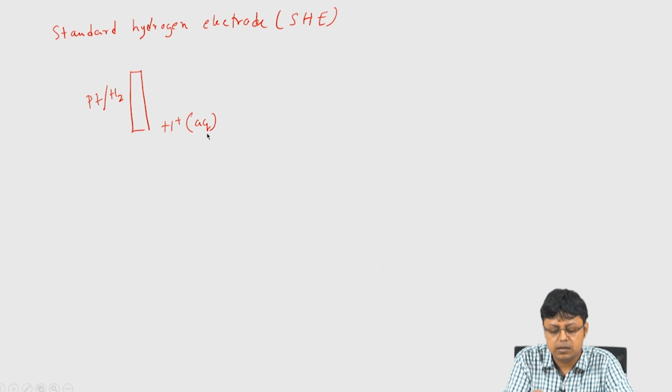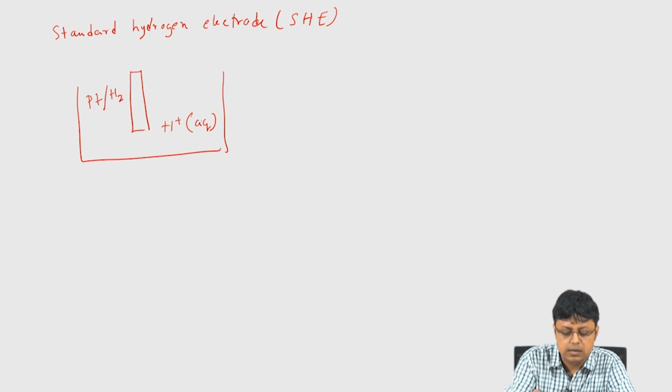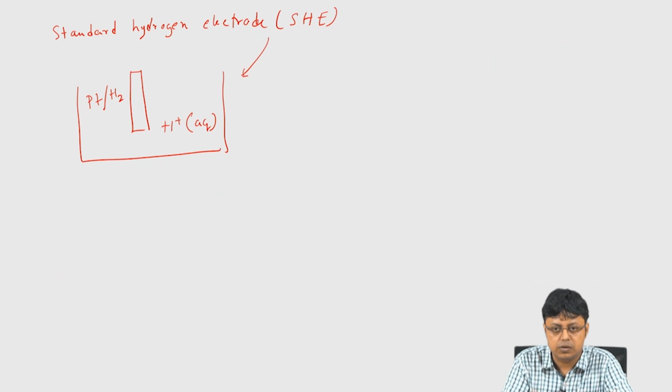Usually you take it as 1 molar HCl, and that half cell we call the standard hydrogen electrode.